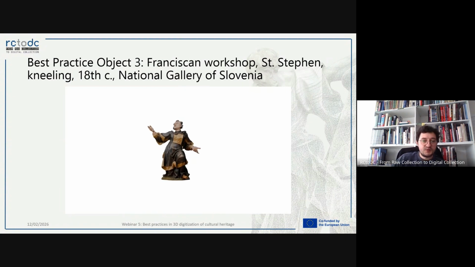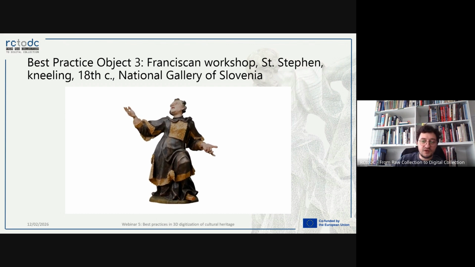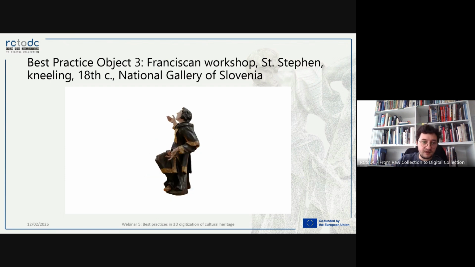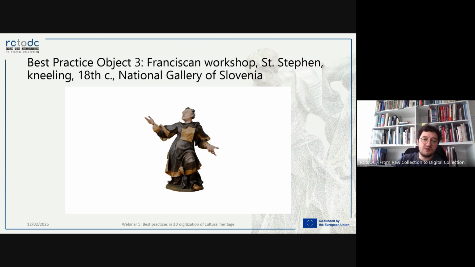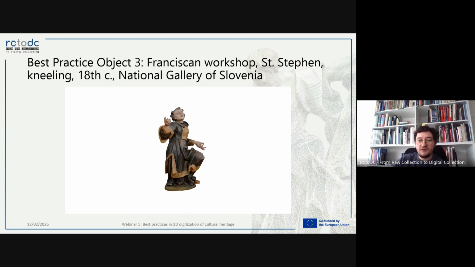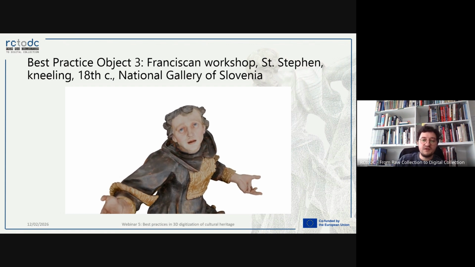Image capture is particularly labor-intensive, as a large number of photographs must be taken from many angles to ensure sufficient overlap and reliable reconstruction. In practice, this often takes longer than scanning the same object with a professional 3D scanner.